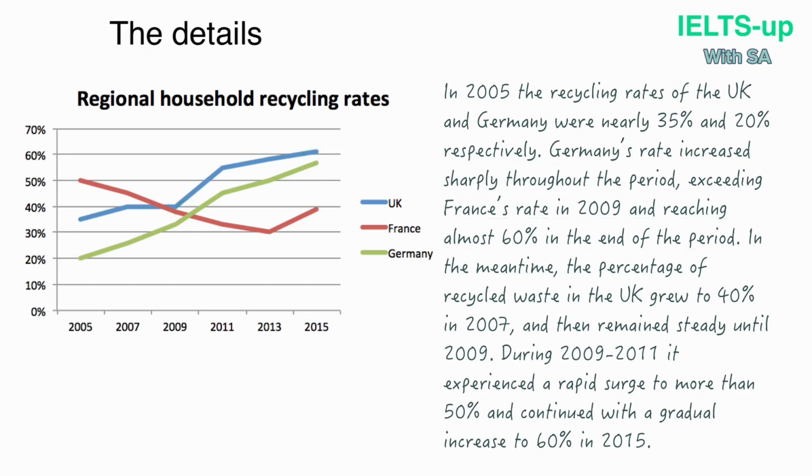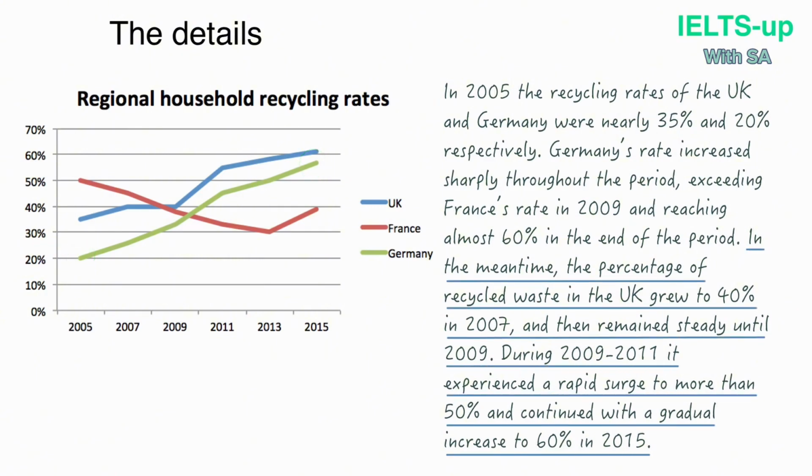You see, I chose the point where Germany's rate outpaces that of France to be important, but it's up to you to choose your important points. However, you should always indicate the percentages in the beginning and in the end of your time period. And finally, I describe how the UK's rate changed.